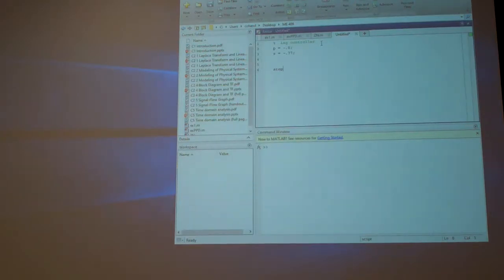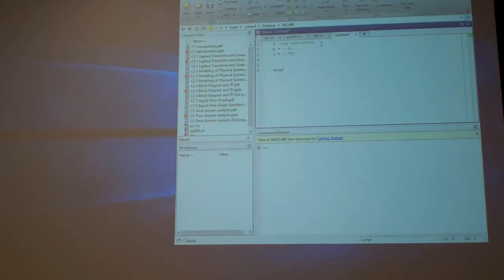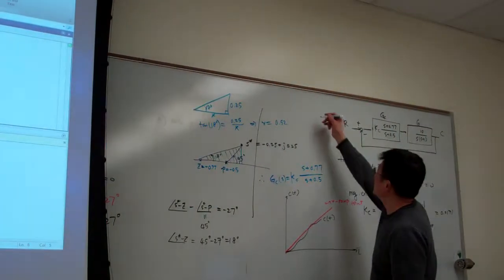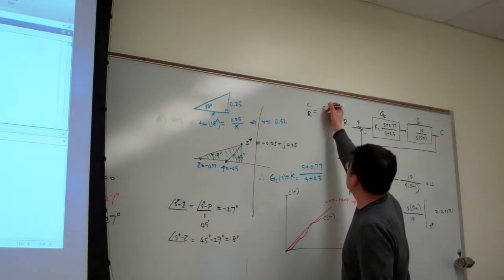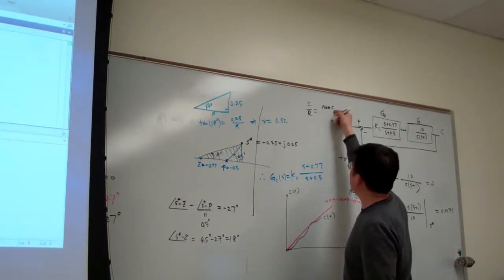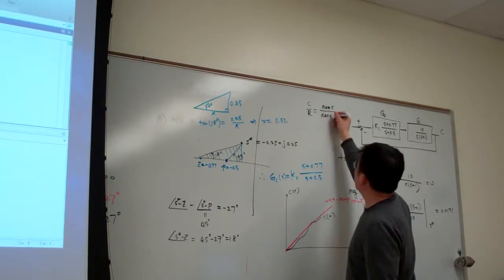The step input is based upon the closed loop function of C over R. So let me say the closed loop function C over R is equal to the numerator of the closed loop over the denominator of the closed loop.